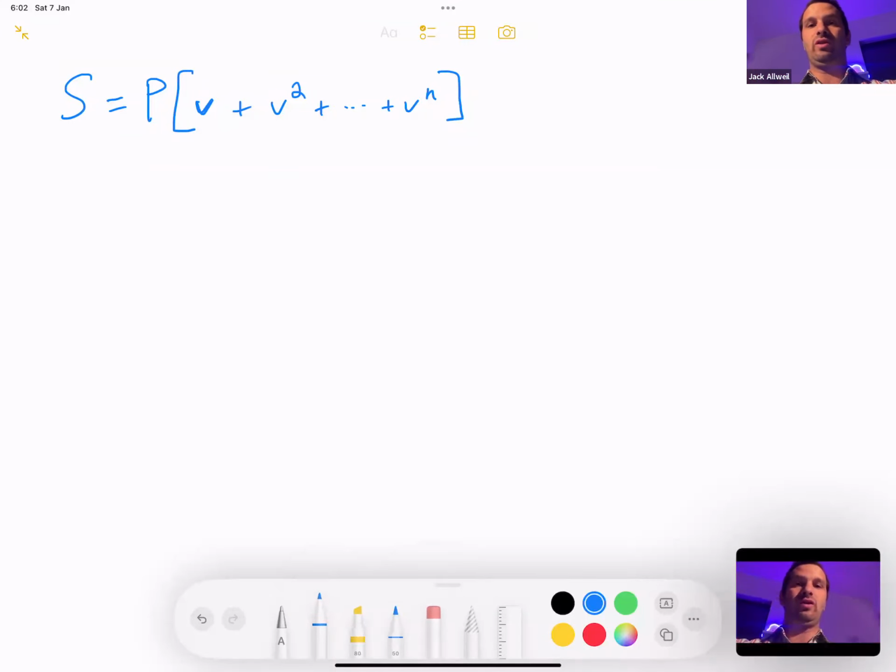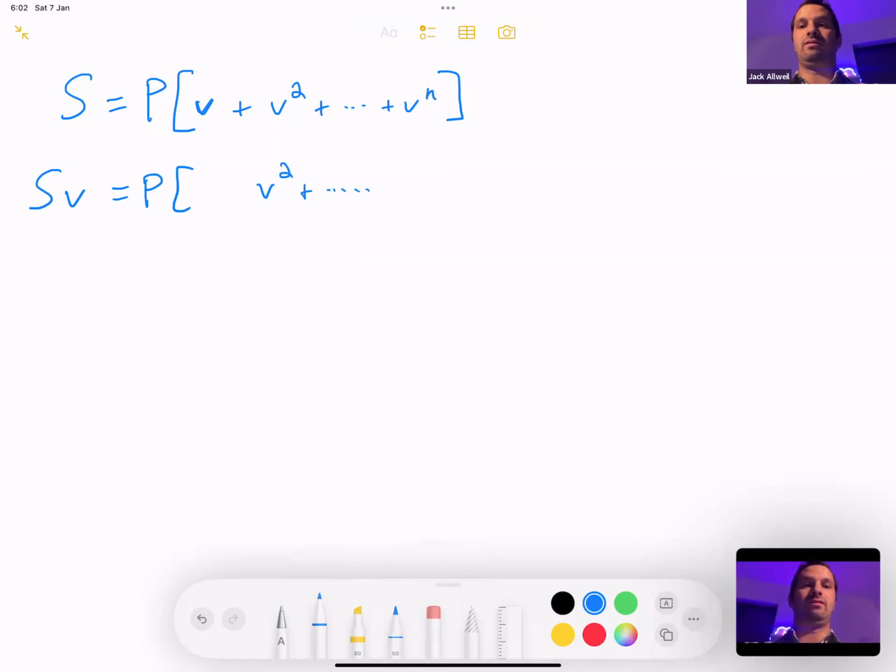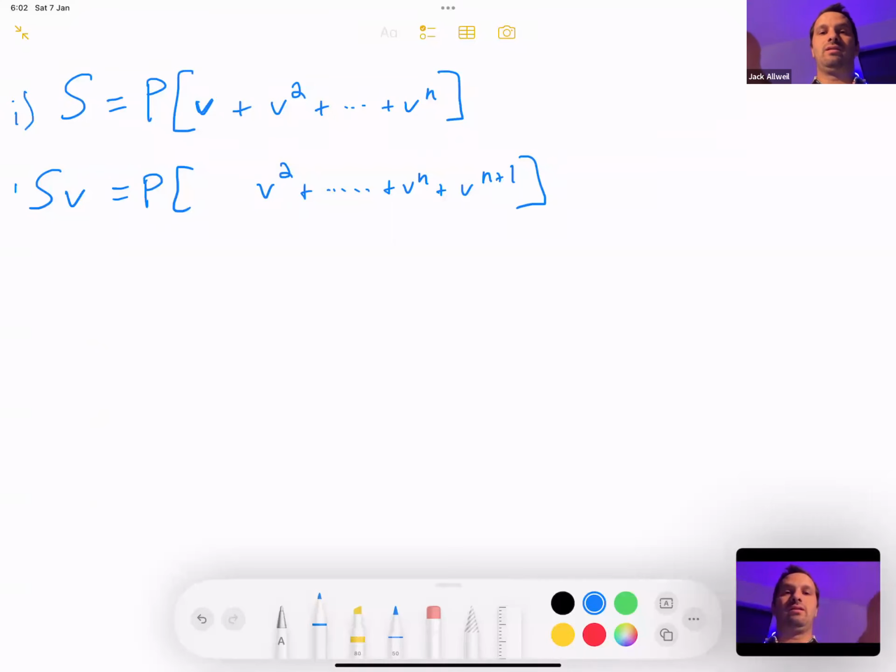And there's a cool trick that you can use where you just multiply this times V, and we end up with, okay, that's like step 2. And then we're going to subtract the second formula from the first.